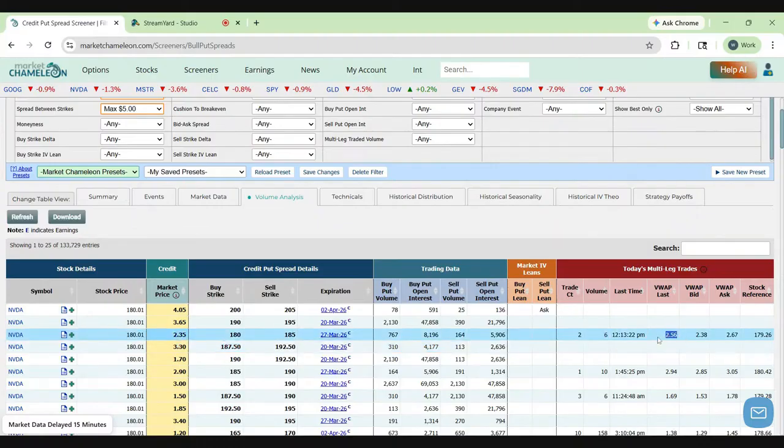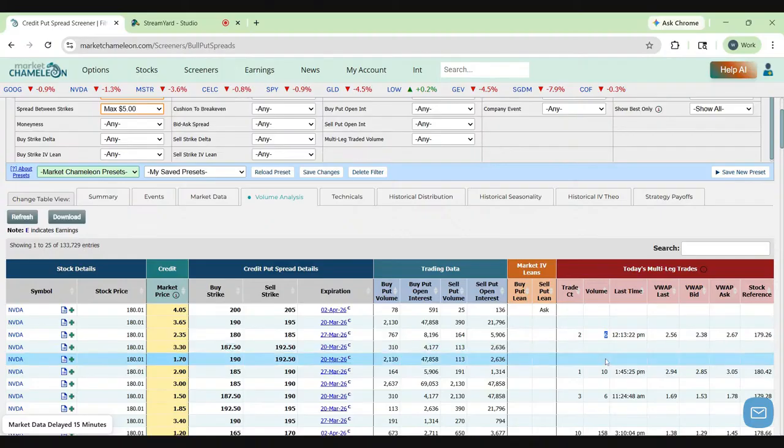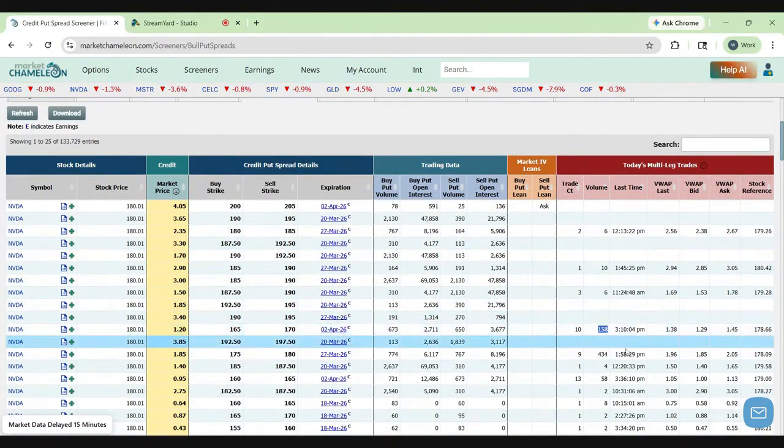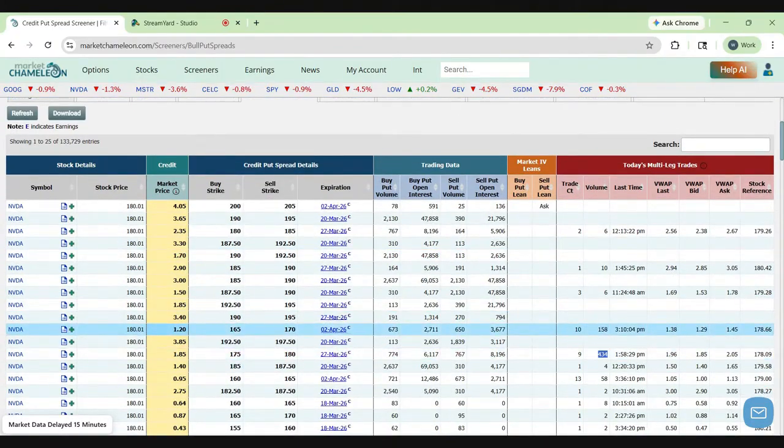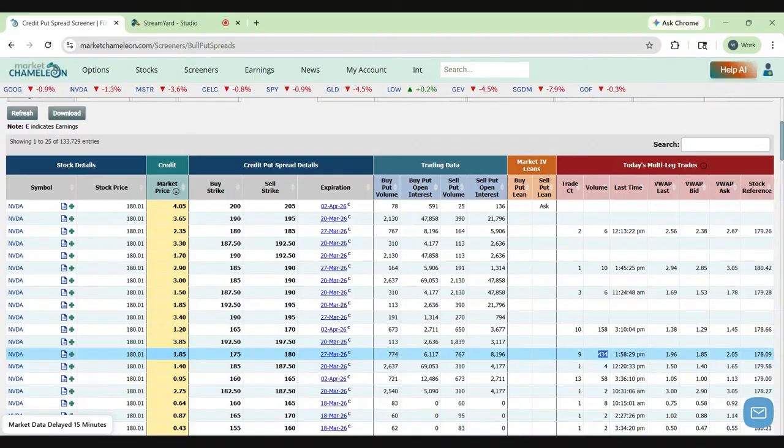This is the average price and average bid and ask at the time, with the stop price over here, and it traded at 12, 13, 22 the last time. So what if we wanted to look first for spreads that had some trading activity? Sometimes these spreads don't trade at all, and sometimes they'll have larger volumes, like over here.